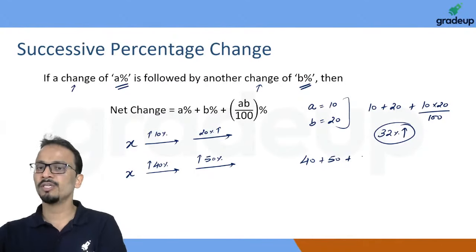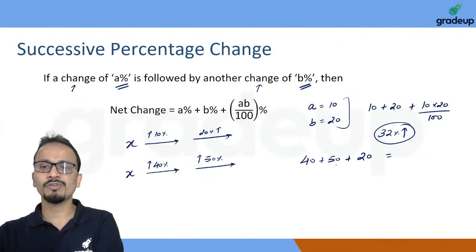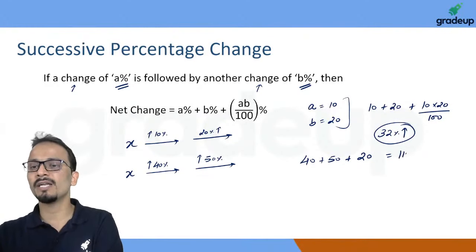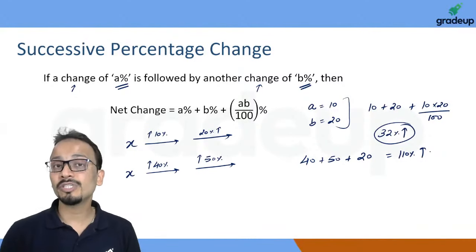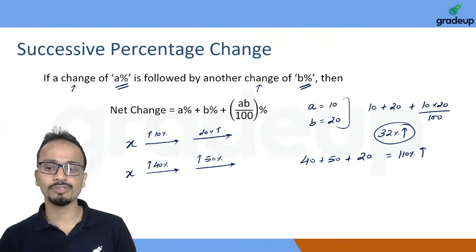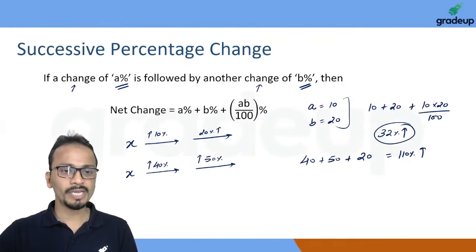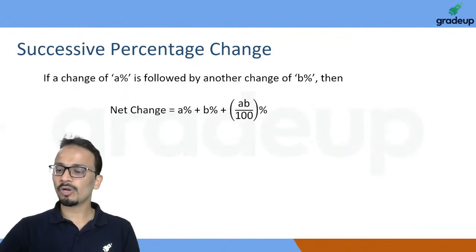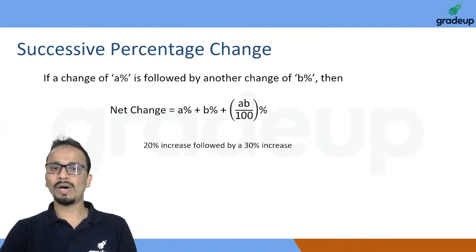Careful, 2000 upon 100 is 20. So 40 plus 50 plus 20 is 110 percentage increase. There will be a net percentage increase of 110 percentage. Now let's have a look at some more examples, one by one.